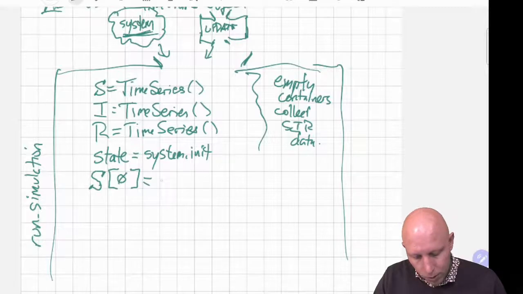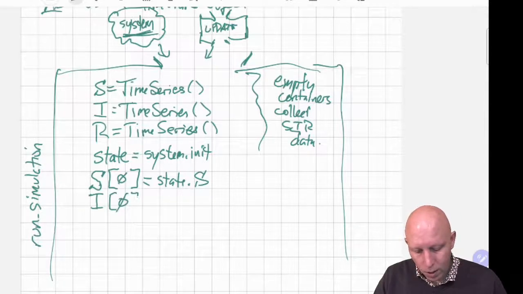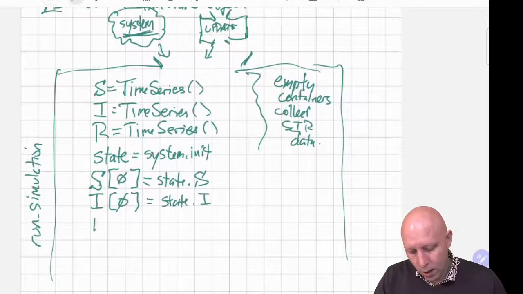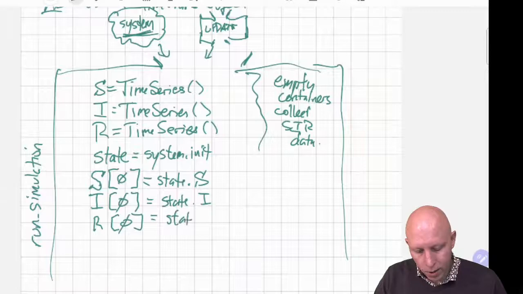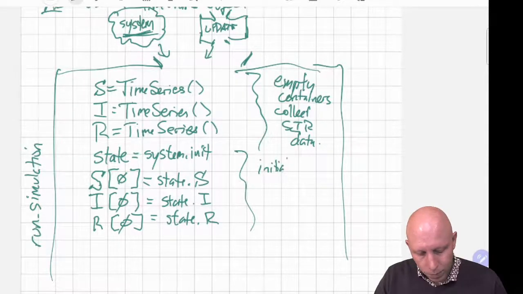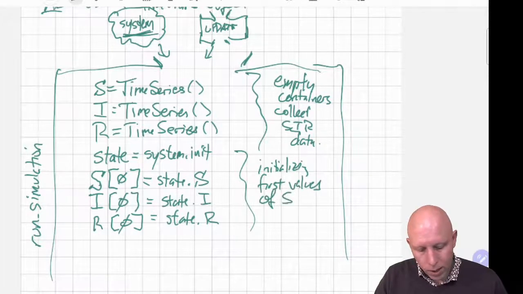S0 is equal to state.s. I0 is equal to state.i. R0 is equal to state.r. And so this is initializing the first values of S, I, and R of our time series.